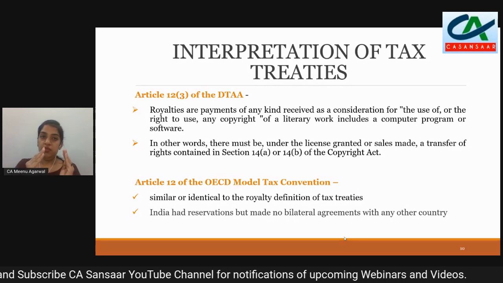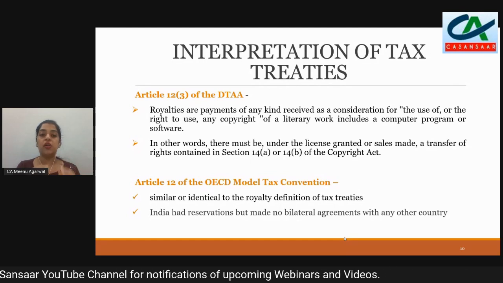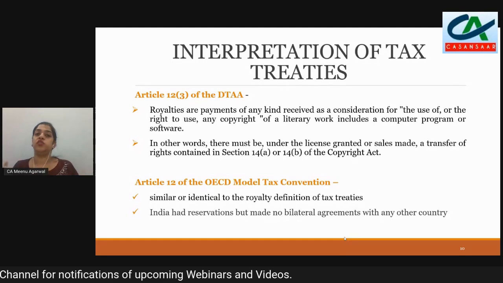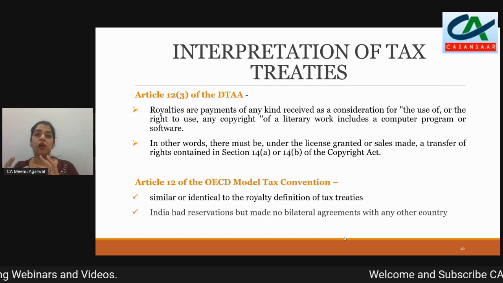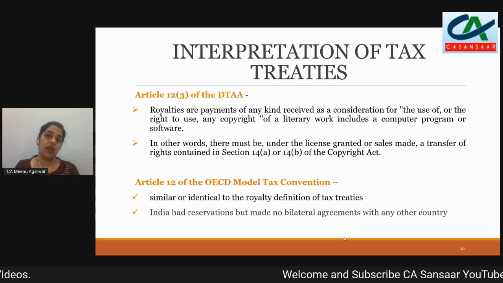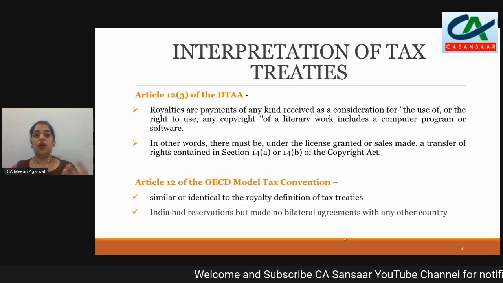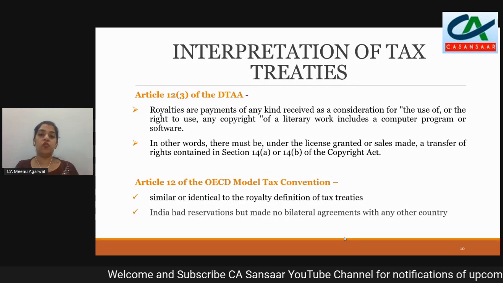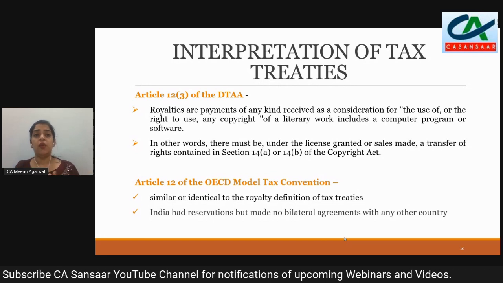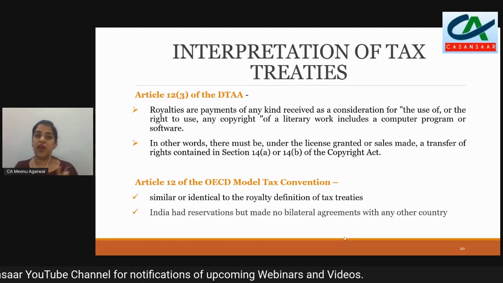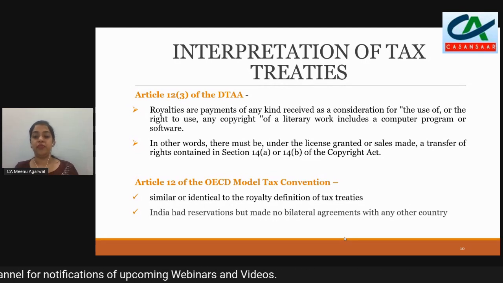So the apex court concluded that because there are no changes in the bilateral agreements, the OECD commentary provisions can be made applicable to determine the nature or characterization of the payments for use of software as royalty or not.